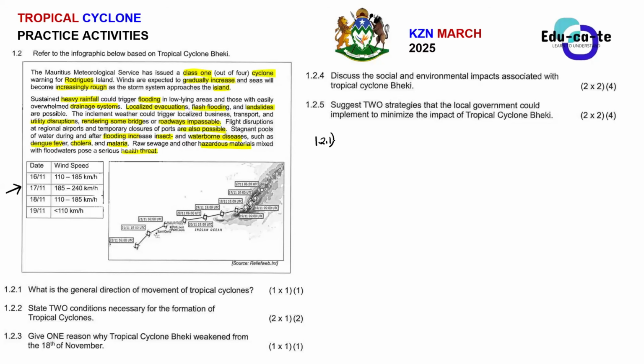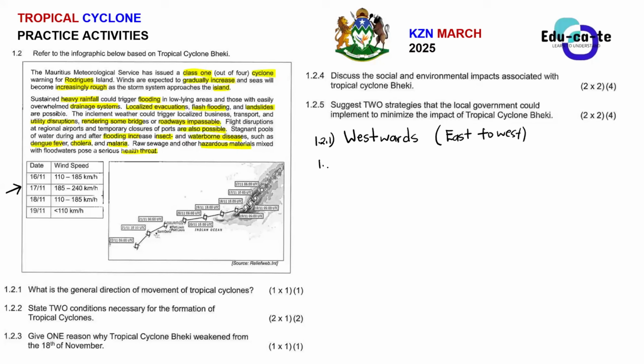No, sir. What is their general direction of movement? Isn't it from east to west? Yes. Westwards. It's westwards, or you can say from east to west. So you can say towards the west, or you can say from east to west. That's the general direction of movement.